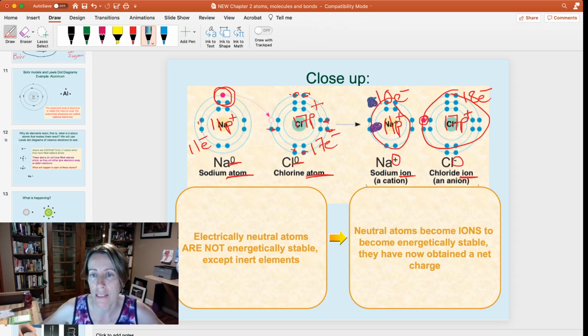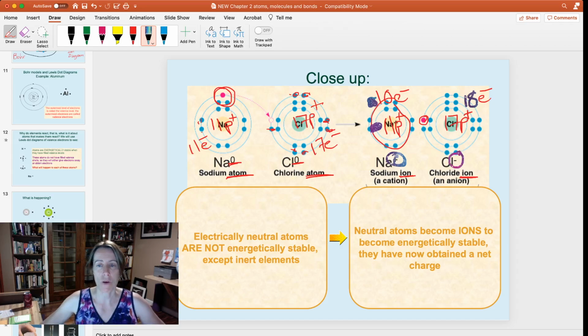Chlorine, on the other hand, still has 17 positive protons, but now it has 18 negative electrons. So it has an extra negative compared to positive. So we're going to say chlorine has a negative charge. And now we call these ions. All right, so once again, the charge on the ion, whether it's positive or negative, isn't whether it picked something up or whether it lost something.